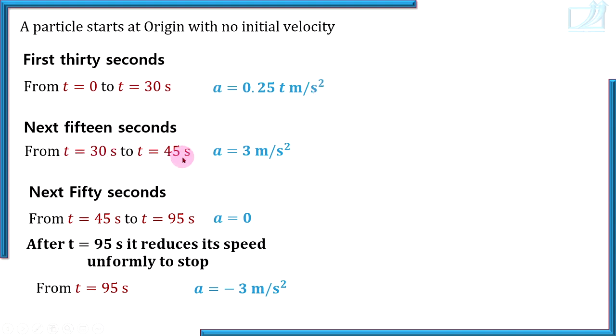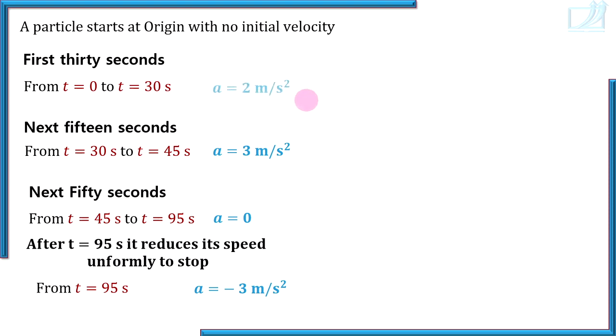From t equal to 30 to t equal to 45 seconds, it is uniform acceleration motion. Next 50 seconds it is uniform velocity motion, acceleration is 0. And then from t equal to 95 seconds onwards, it is again uniform acceleration motion. In this lecture, we are just going to focus on uniform acceleration motion. Variable acceleration motion using motion curves we'll study in our next lecture.